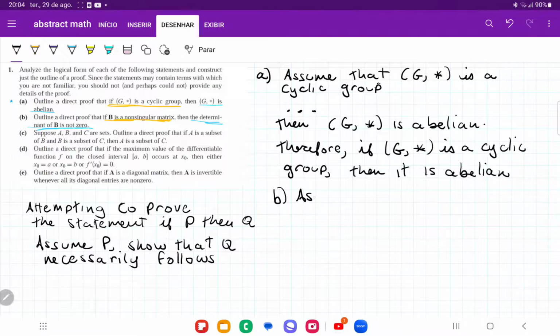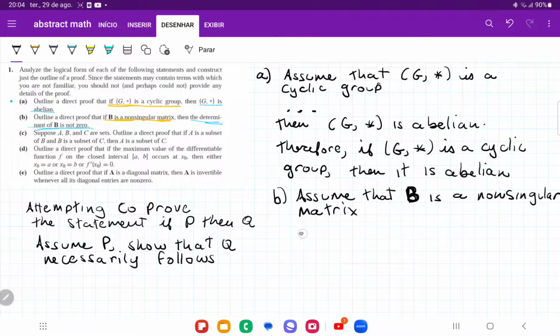We're going to assume that bold B is a non-singular matrix. And then we would develop our proof, and we would show that the conclusion necessarily follows.